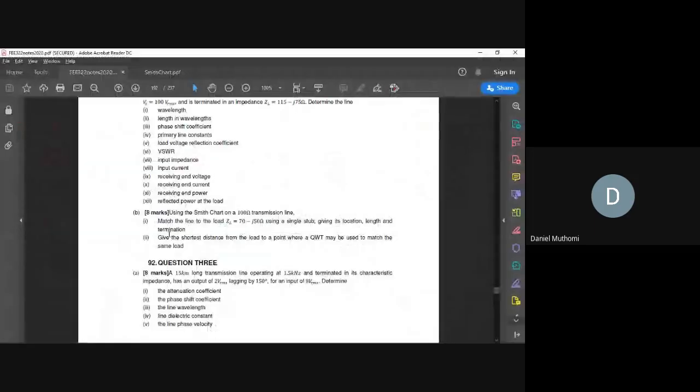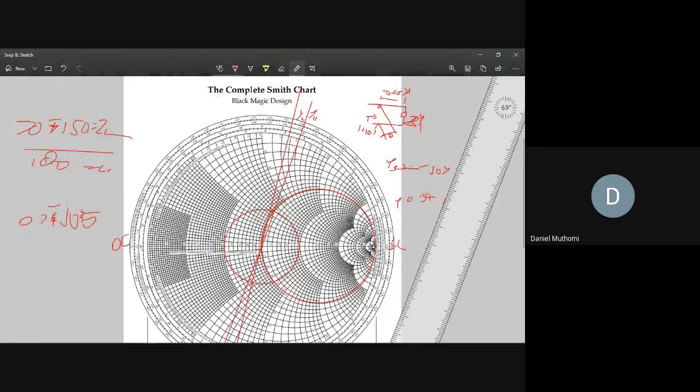And then the last one is the shortest distance from the load to the point where a QWT may be used to match the same load. So remember, our load is here, and the entire circumference of the Smith chart is a half wave, so from 0 to 0.5. So a quarter wave will either land at 0 over here, or 0.25 over here.